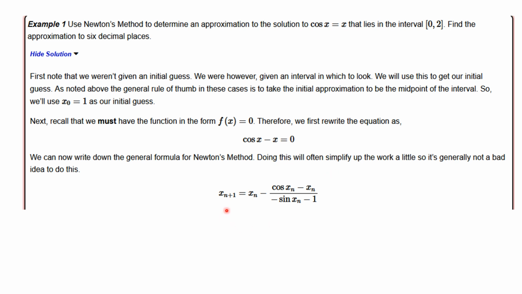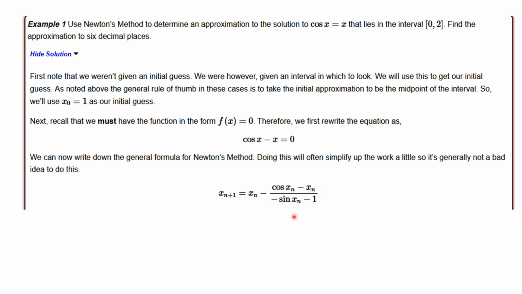Remember that x_{n+1} was equal to x_n, the previous value, minus f of x when we were substituting the previous value x_n into it. So the function is this one equals 0, we're trying to solve. So we write f of x_n is equal to cosine of x_n minus x_n.